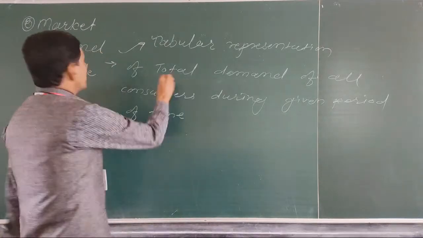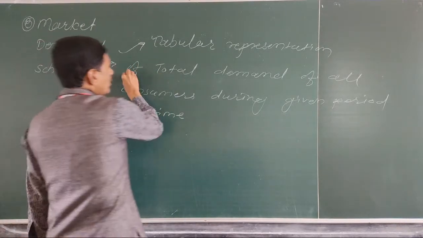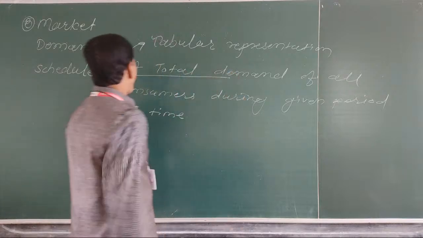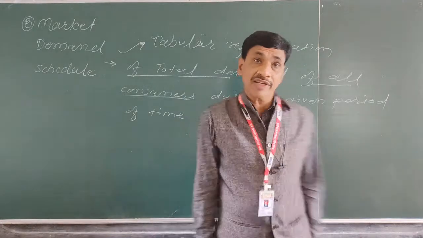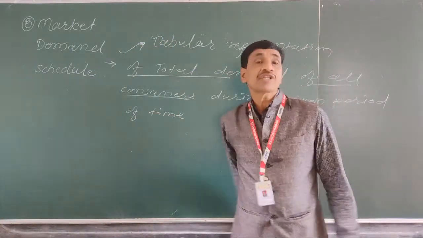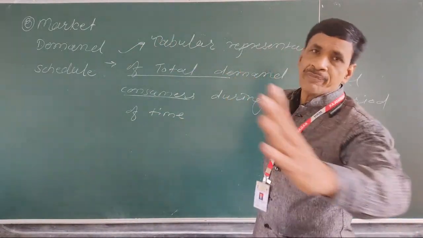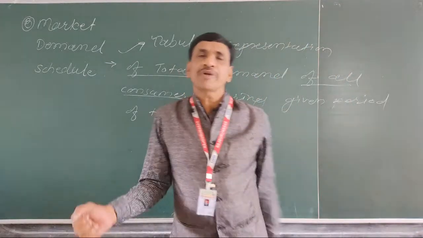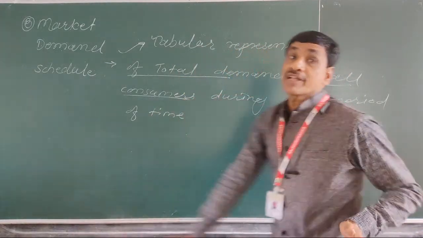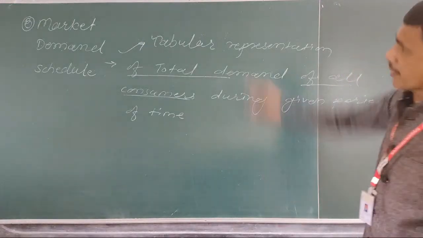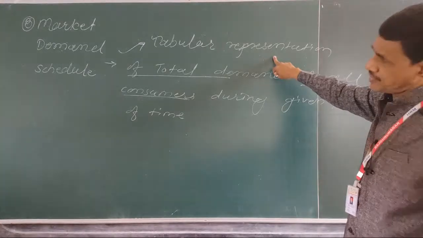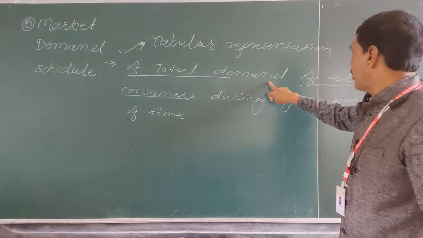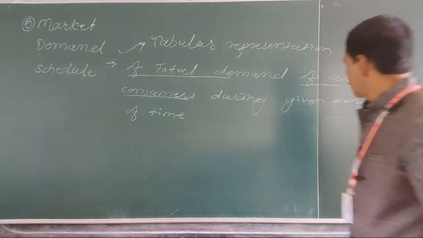Look at that. Market demand is the total demand of all consumers in the market. Also, market demand should indicate the functional relationship between the price and quantity demanded, which is also inverse. Is that clear? Okay. So, market demand schedule is the tabular representation of total demand of all consumers during a given period of demand.